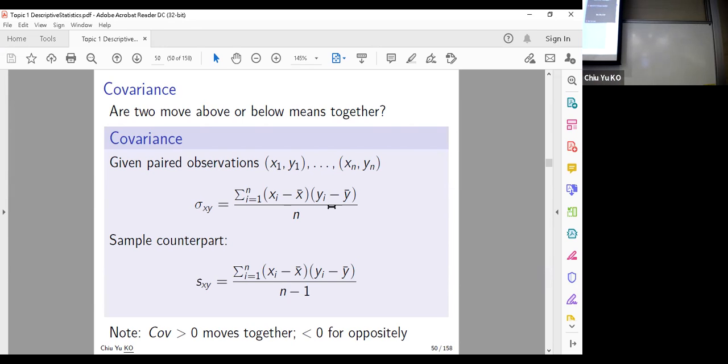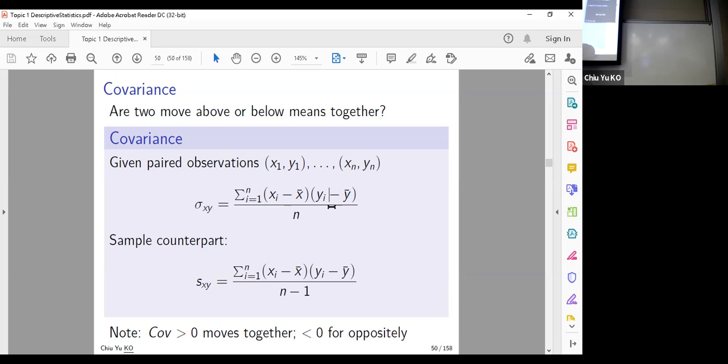To repeat, if you are more educated than your peers, you should earn more than your peers. If you receive less education than your peers, you earn less than your peers. Then they are positively related. Both above the mean at the same time, both below the mean at the same time. That is what the formula is.